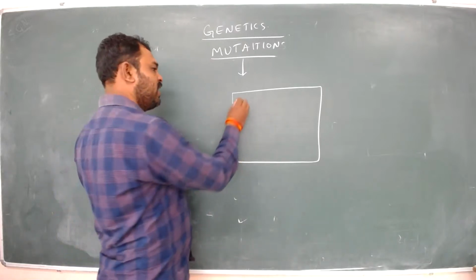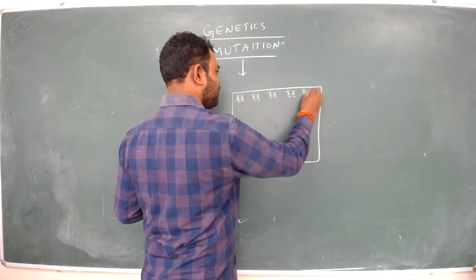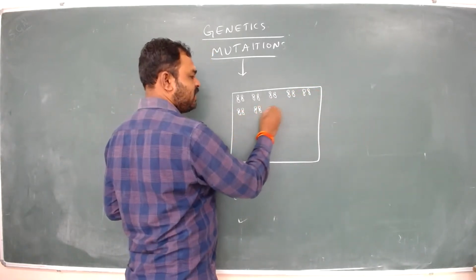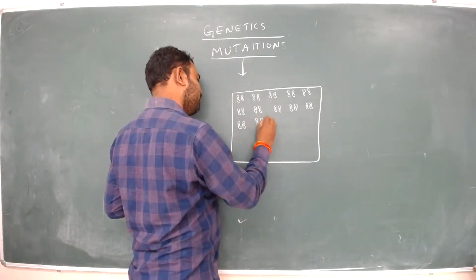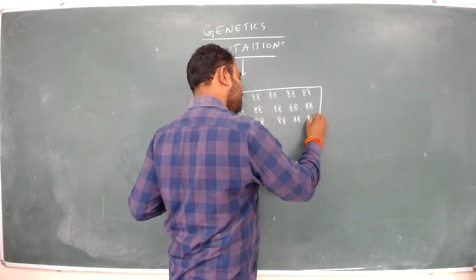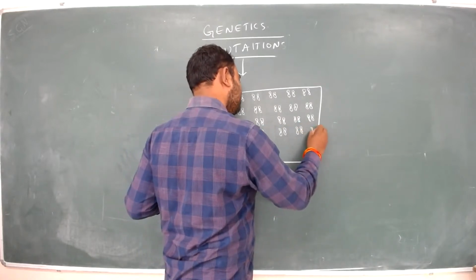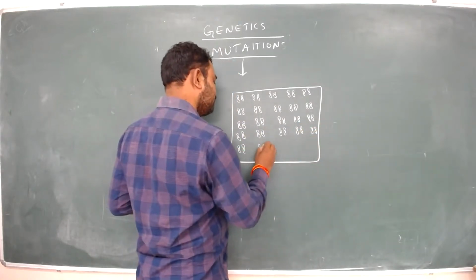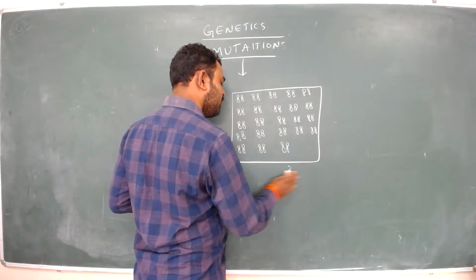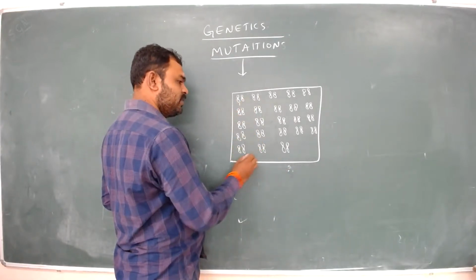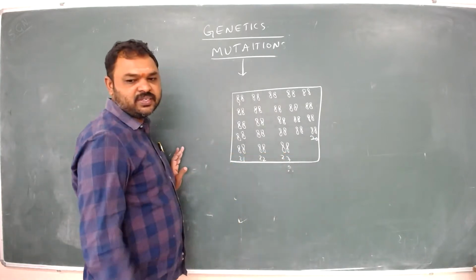I told you 23 sets: first set, second set, third set, and so on, up to the 21st, 22nd, and this is the 23rd set.